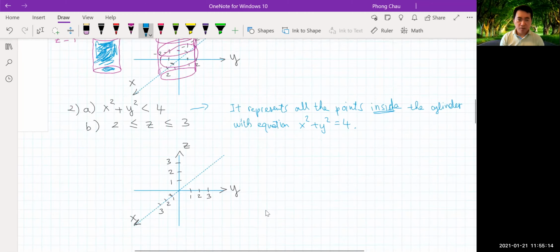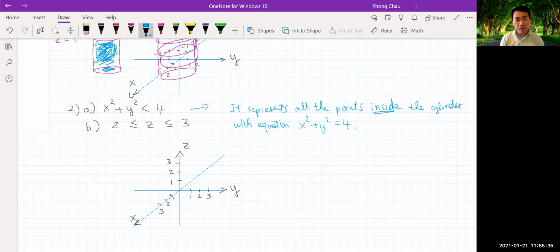All right, so finally, 2b. Can you describe the regions represented by this inequality, z less than or equal to 3 and greater than or equal to 2? Now, whenever you graph inequalities, you always graph the equation first.